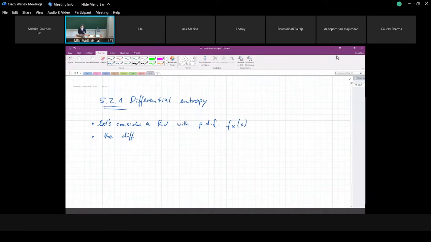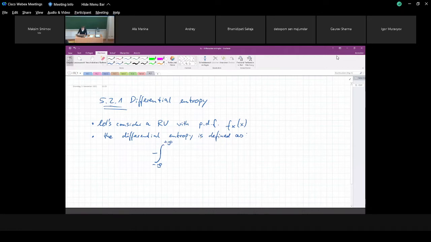And you know there is a difference between the differential entropy and the entropy we have used before. Differential entropy is defined as, you remember, now we switch simply from the sum to an integral.